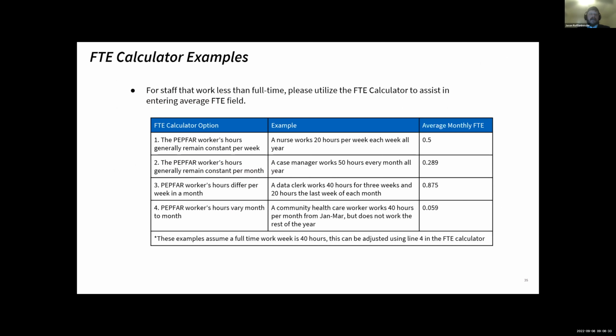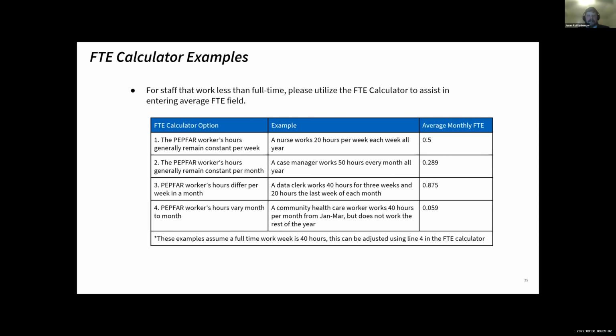So I know this is maybe a little bit clearer when a worker is full-time, it's 1.0, but it can get much more complex with different types of staff that work different numbers of hours during the months that they worked. And we can think of a few different scenarios with varying hours worked. If workers' hours remain constant each week, if they remain constant each month, if they differ in the hours that they work month to month or week to week.